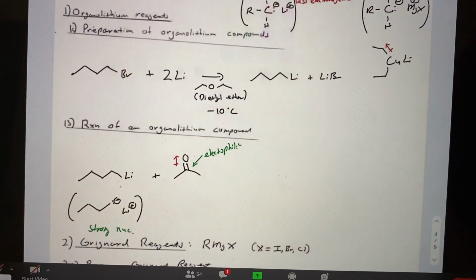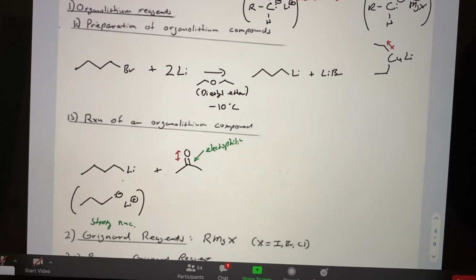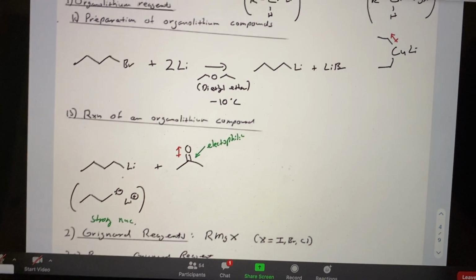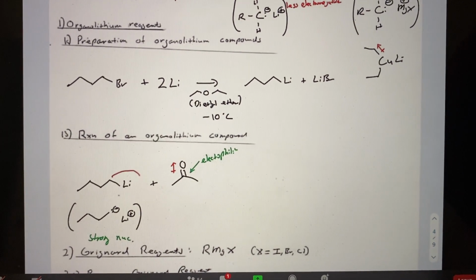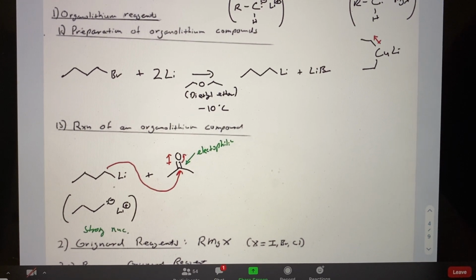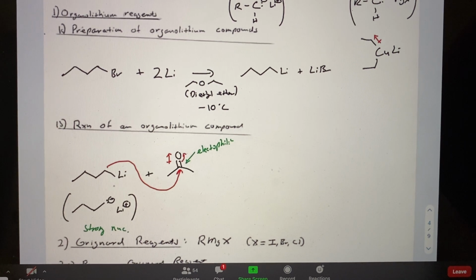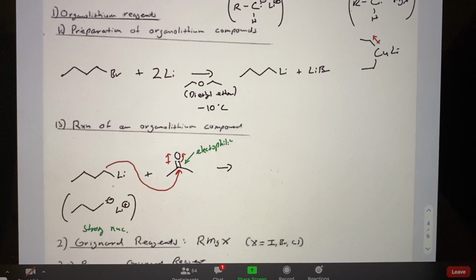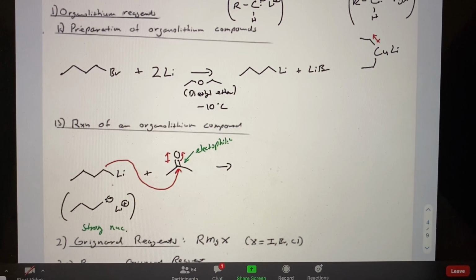So in terms of a mechanism, just like before when thinking about nucleophiles and electrophiles, let's have this attack here and move these electrons up onto this oxygen. Now, rather than using a generic nucleophile, we actually have this organolithium species.